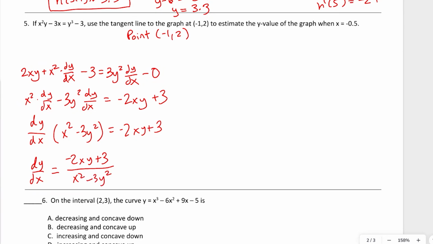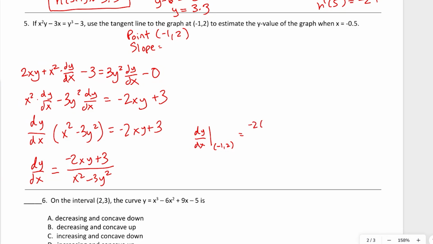Okay, so now I've got a formula for the slope. To find the slope at (-1, 2), I want to find dy/dx at the point (-1, 2). I'm going to substitute in -1 for x and 2 for y.